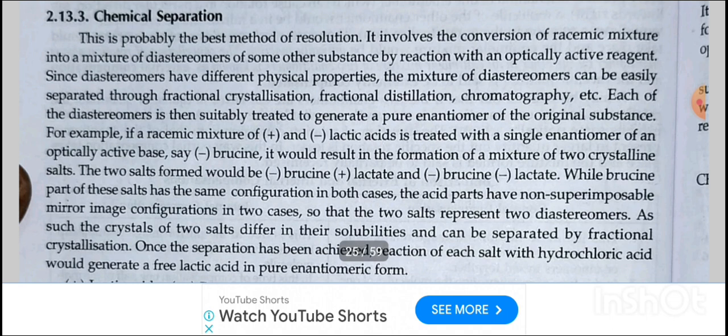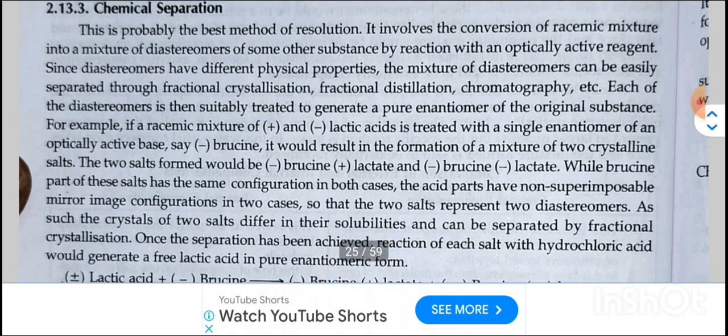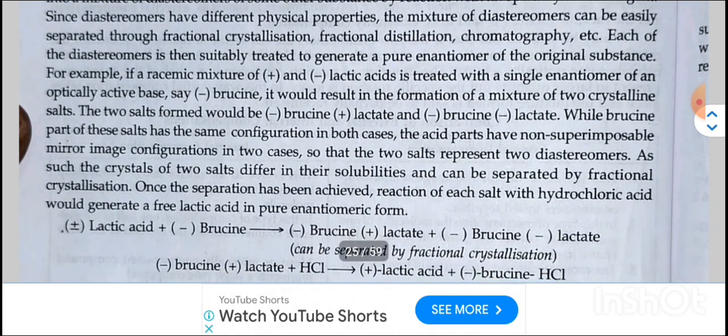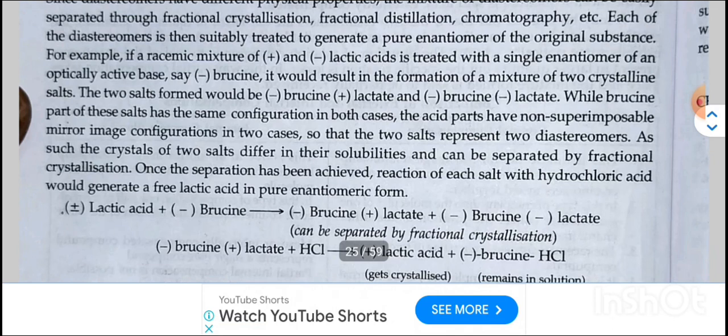For example, if a racemic mixture of plus and minus lactic acid is treated with a single enantiomer of an optically active base, say minus brucine, it would result in formation of a mixture of two crystalline salts. The two salts formed would be minus brucine positive lactate and minus brucine negative lactate, while the brucine part of the salt has the same configuration in both cases.